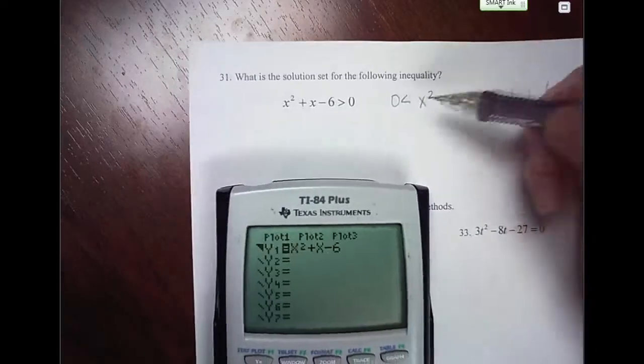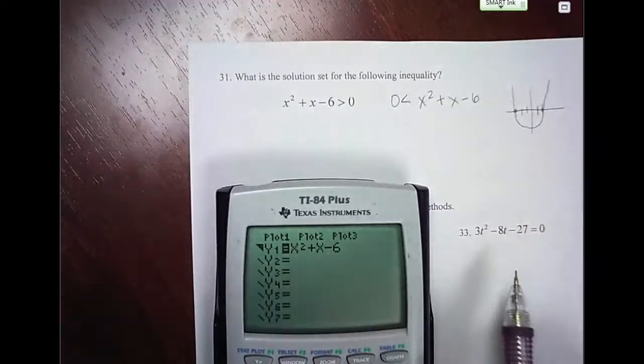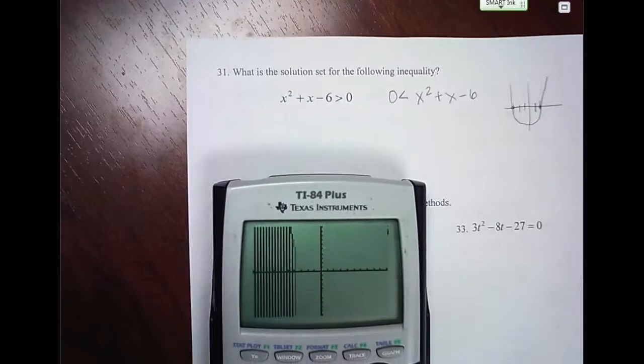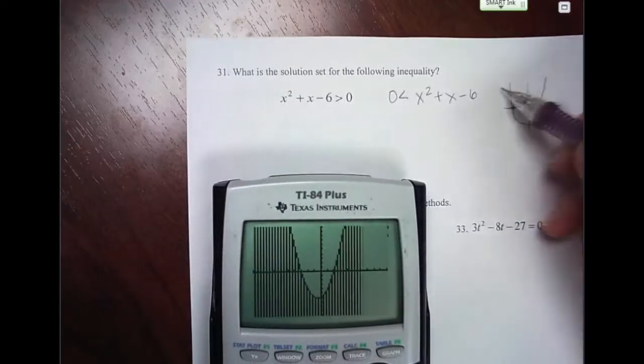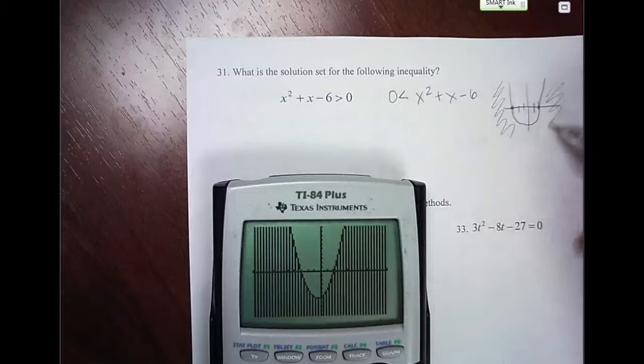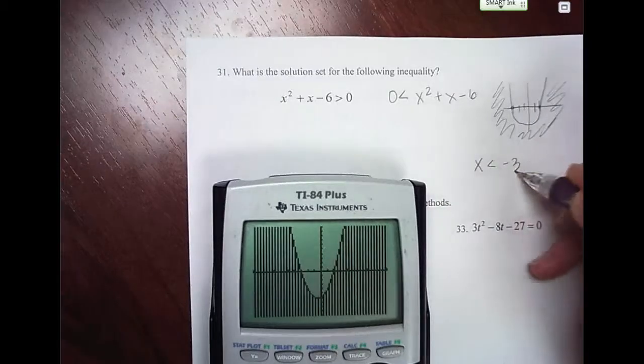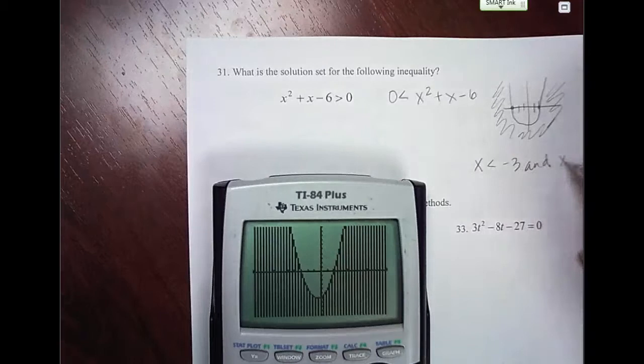Sorry, I put in a greater than, but it should be a less than. There we go. Okay, so we're at -3 and +2. So shade around. So our solution set would be x is less than -3 and x is greater than 2.